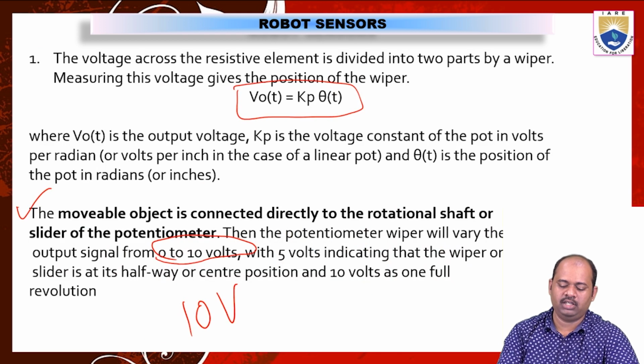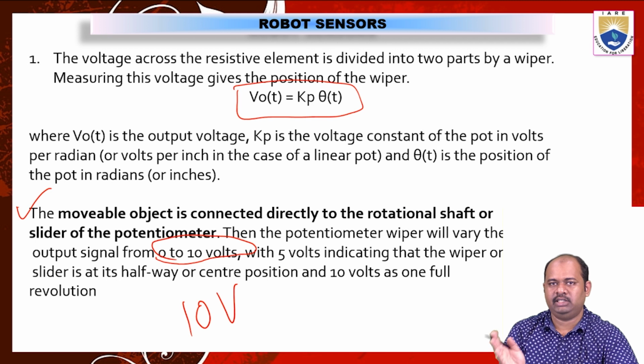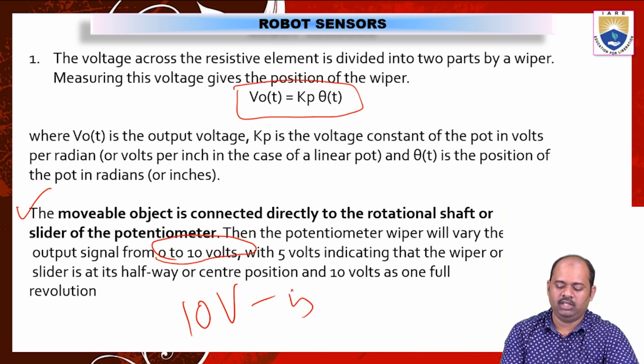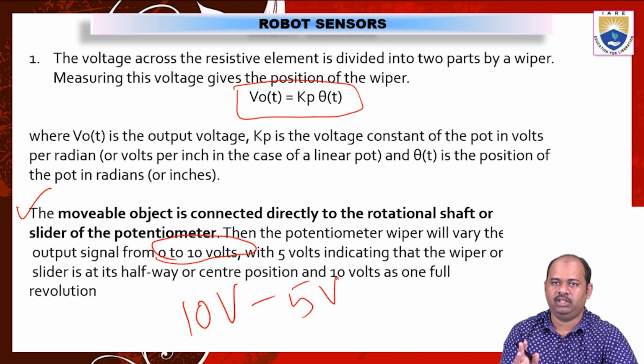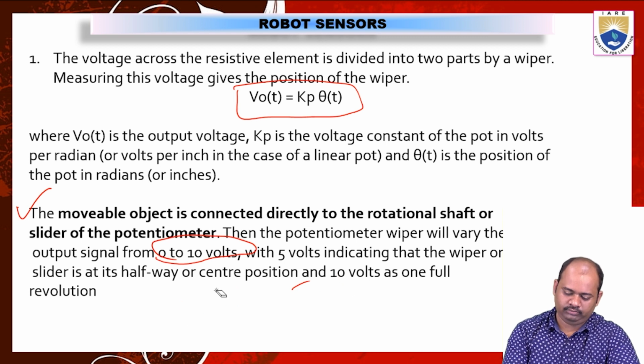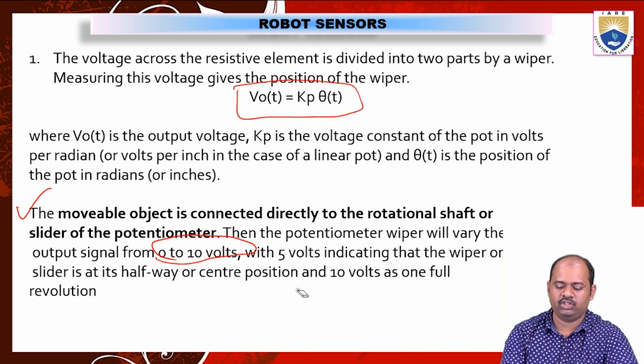So if the potentiometer is rated for 10 volts and the wiper is halfway through the resistive element, then the voltage will be 5 volts. It is simply half of the voltage. This is how a potentiometer works.